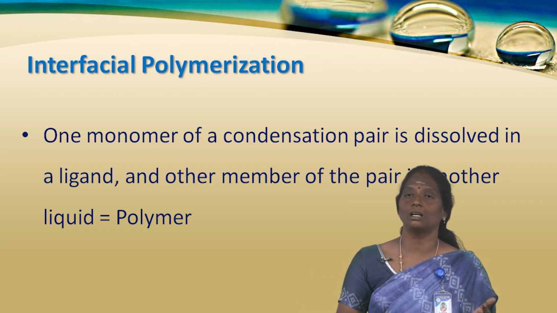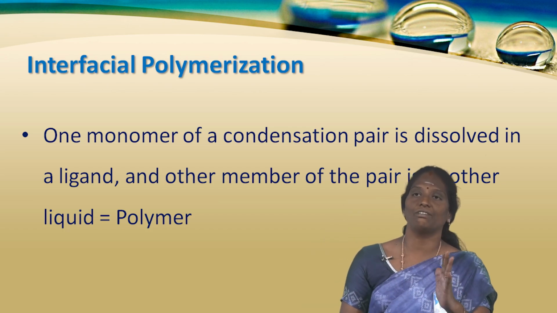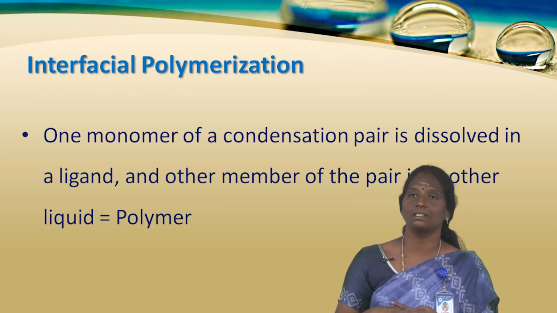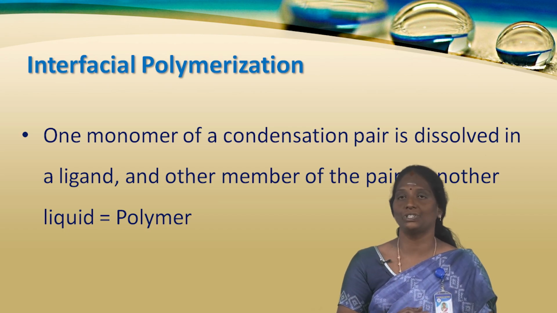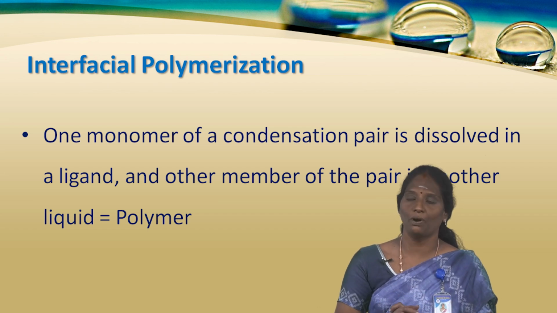The polymer forms at the interface between them. Also, one of the phases generally contains an agent that reacts with the molecule of condensation to drive the reaction to completion. In this method, we prepare the interfacial polymers.